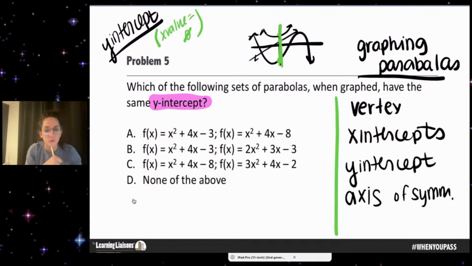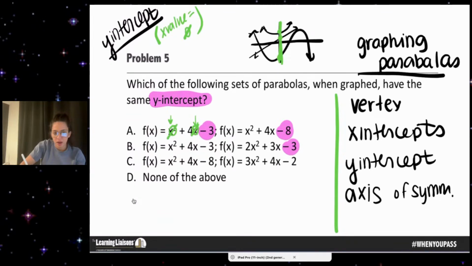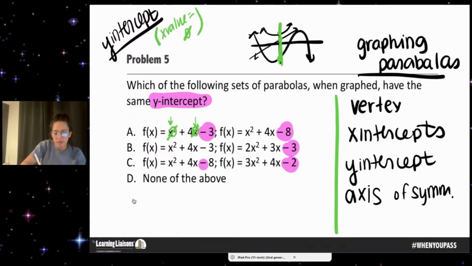So if I plug in 0 for x, 0 plus 0, because 0 times 4 is 0, minus 3. What's my y-intercept? -3. And that's going to be the case for all of these. This is my y-intercept. This is my y-intercept. This is my y-intercept. So out of those, which ones have the same y-intercept?